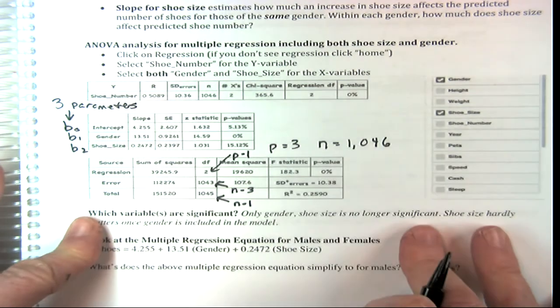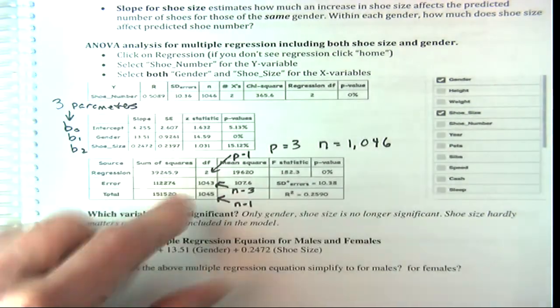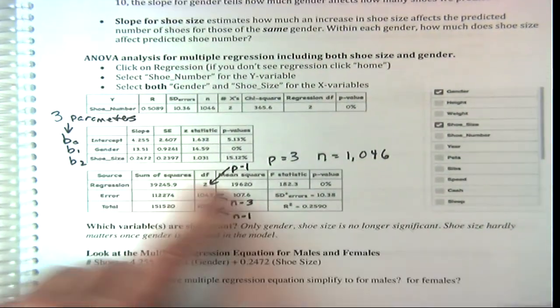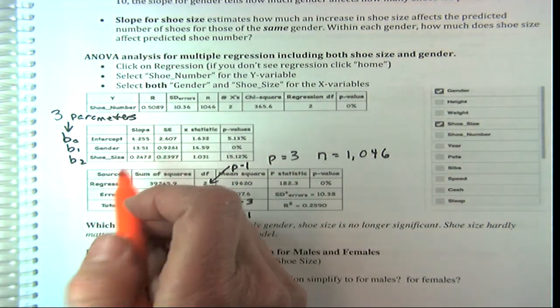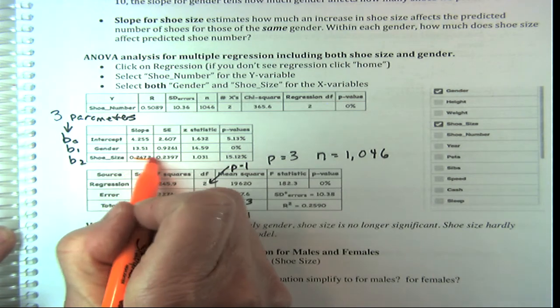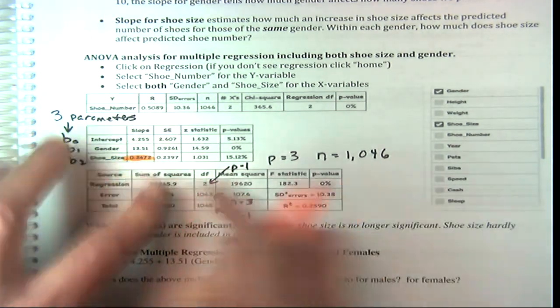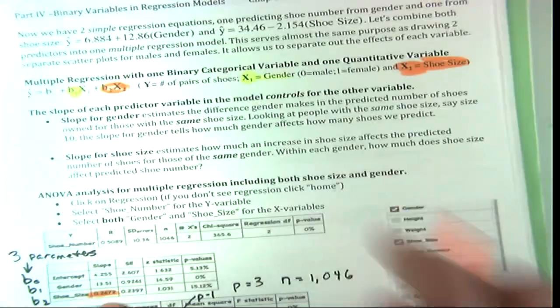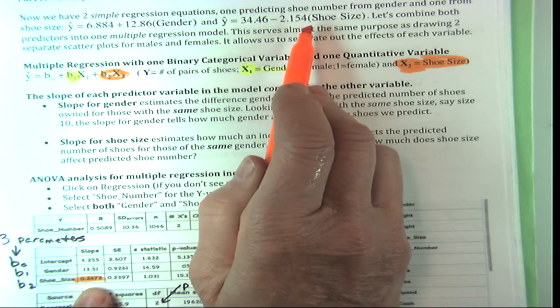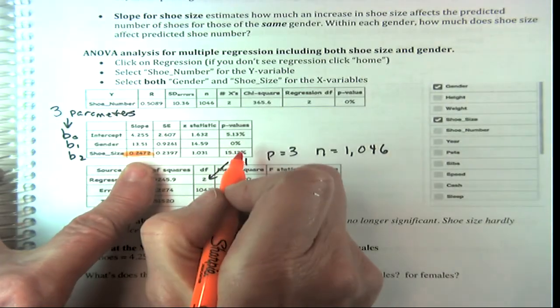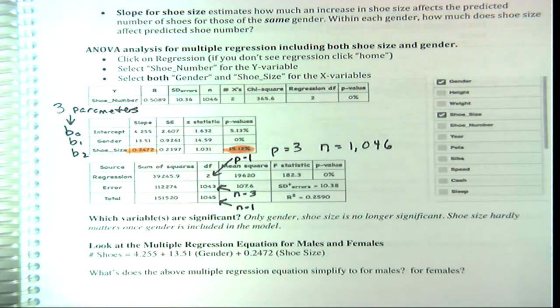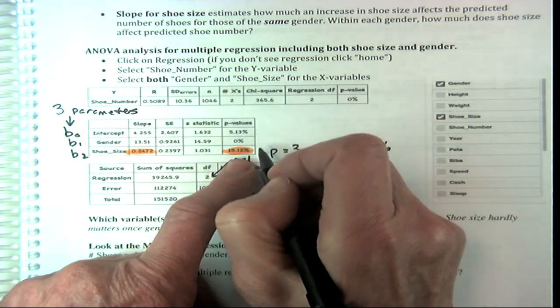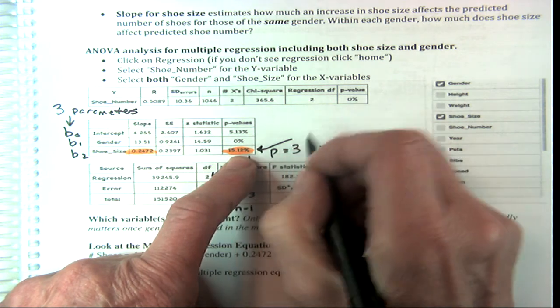Okay, now back to what we're thinking about now. What we're really concerned about is what happened here. Let's look at these. So which one's which? So here's our shoe size right here. Look how that changed. That became really small compared to up here. 2.154. It's tiny, and look, it's not significant. Basically, the p-value is pretty high, so that one is not significant.